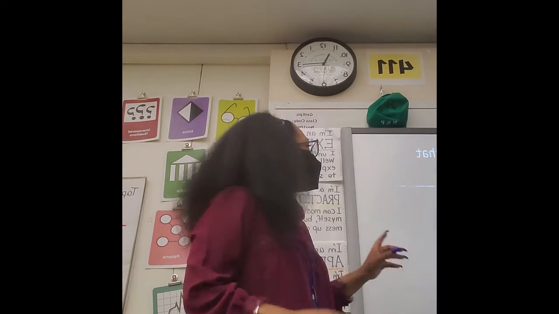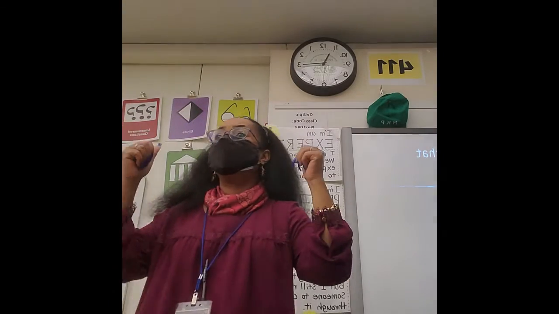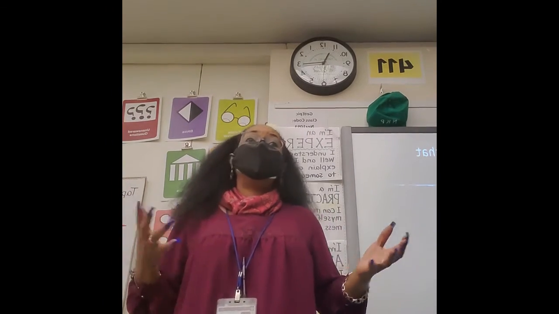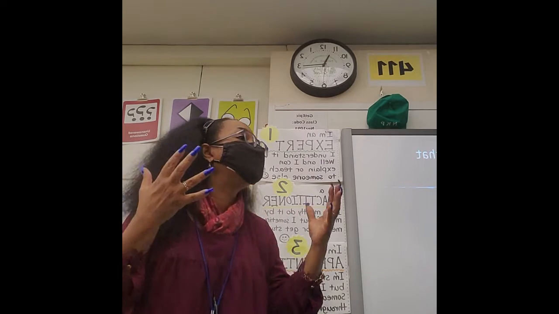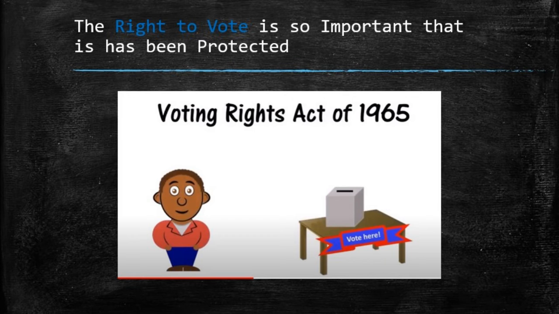But there's a very important principle here. The right to vote is so important that it has to be protected. So at one time, even though black people had the right to vote, there were people who said, you can't vote.